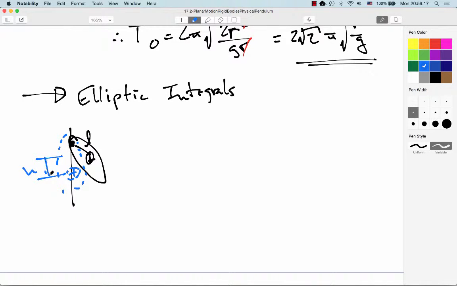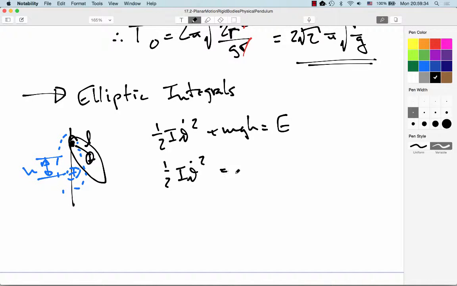We'll say it's at some height h. So then the energy conservation will be 1/2 I theta dot squared plus mgh equals E. So 1/2 I theta dot squared plus, h is going to be equal to mgl times 1 minus cos theta. We've worked that before.